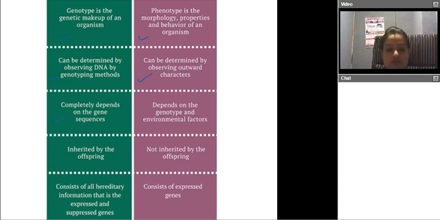Genotype depends on the gene sequence, whereas phenotype depends on genotype and the environmental factors. Genotype is inherited by the offspring, whereas phenotype is not inherited by the offspring. Genotype consists of all the hereditary information that is expressed and suppressed, whereas phenotype consists of only the expressed genes.